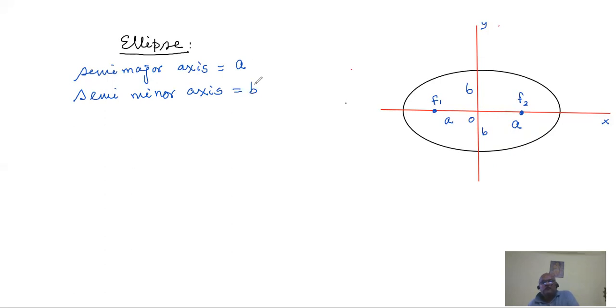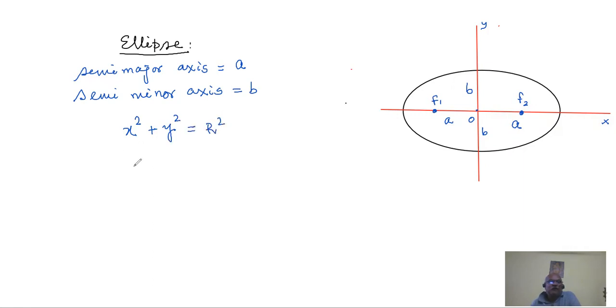We can develop the equation of an ellipse using a funny story like this. We know the ellipse has its center at the origin. For the time being, if we take it as a circle, then the circle would have the equation x square plus y square equal to r square.